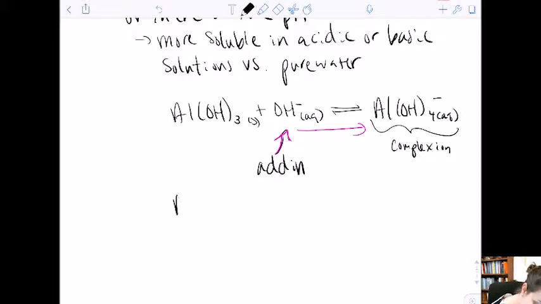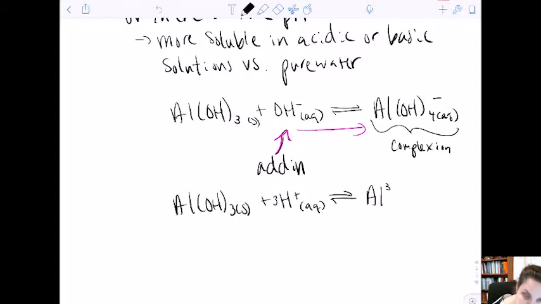We do the same thing. Take our aluminum hydroxide, and when it reacts with H+, we produce aluminum 3+ ions and water.